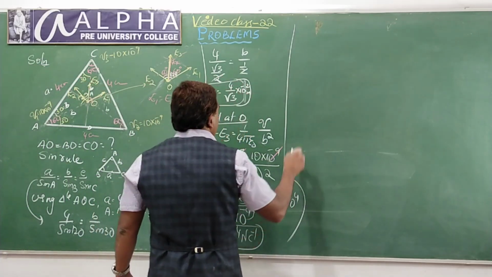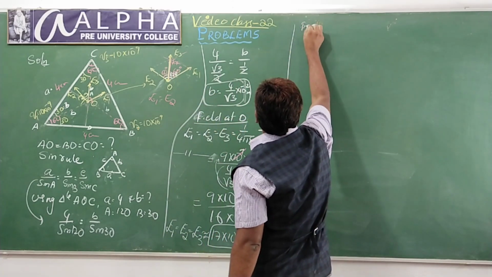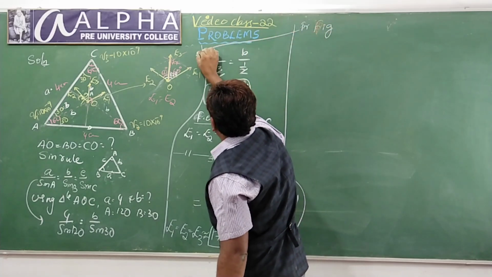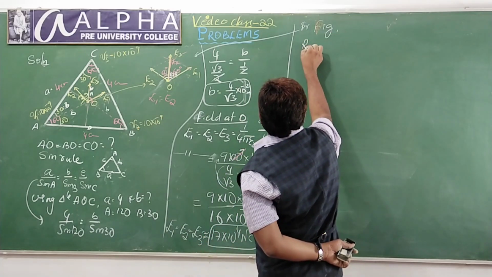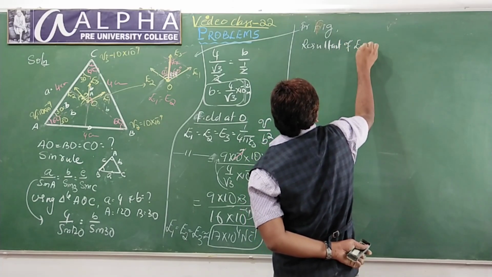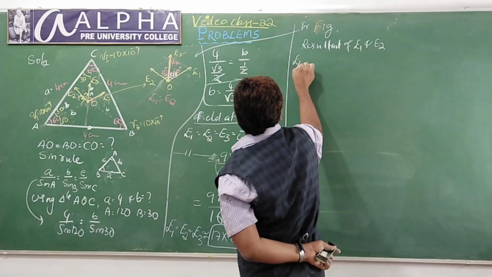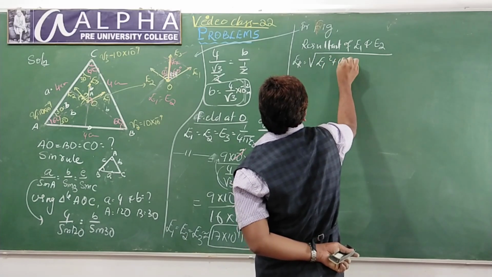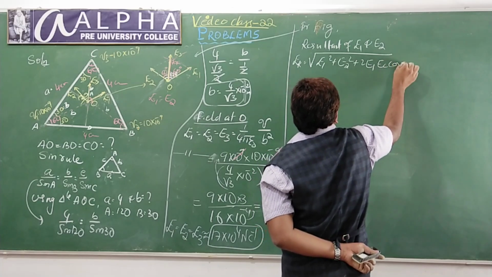Now, you continue this way. How do you continue? First of all, in this triangle, for this figure, the resultant of E1 and E2. Which formula are you using, students? Same formula, that is ER equals square root of E1 squared plus E2 squared plus 2 E1 E2 cos theta.